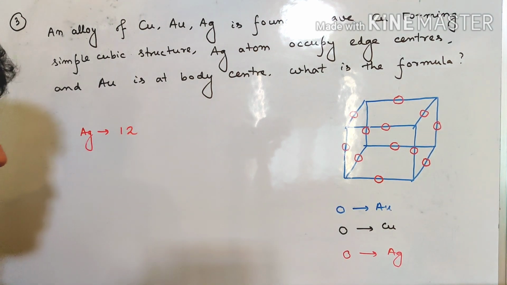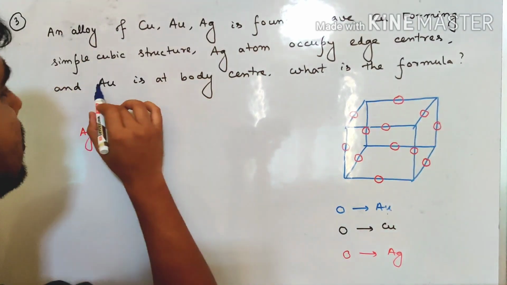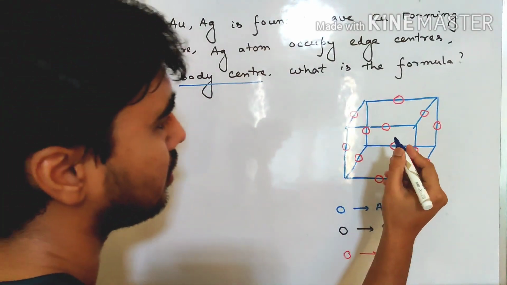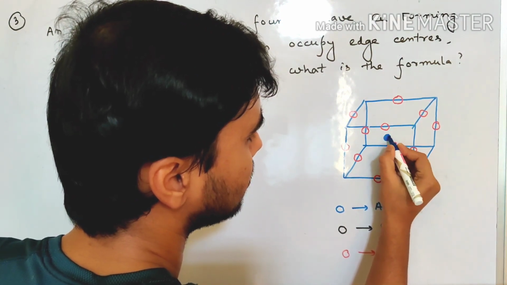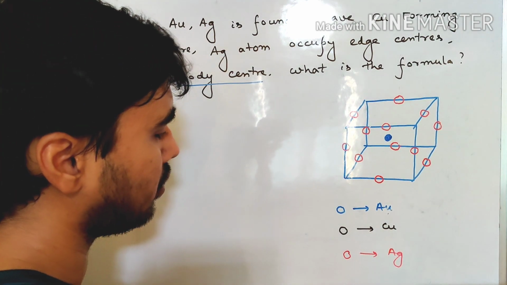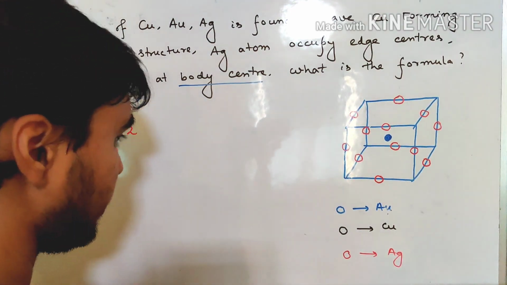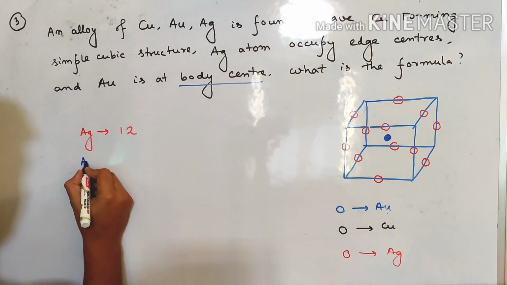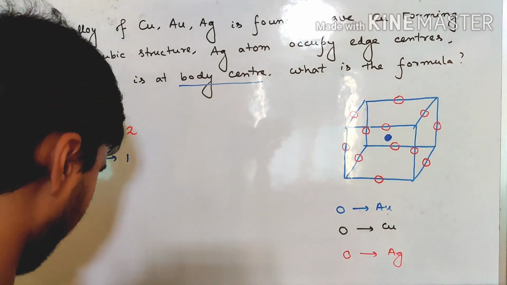Then let us put this one, which is gold, that is present at the body center. That means present here only. The presence of Au. So how many body center atoms are present? Only 1. Now the copper.